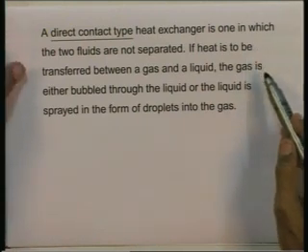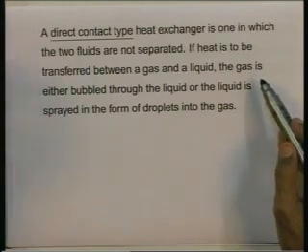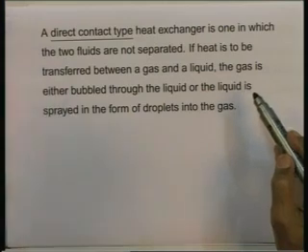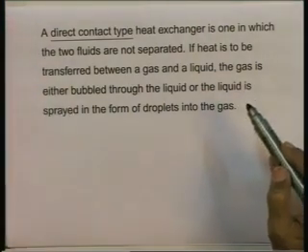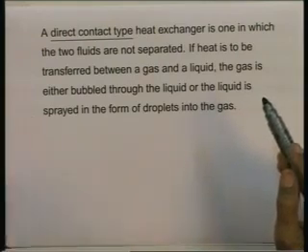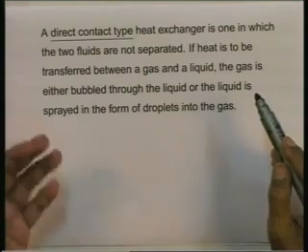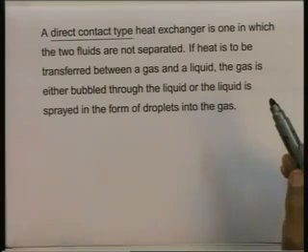If heat is to be transferred between a gas and a liquid, the gas is bubbled through the liquid, or the liquid is sprayed in the form of droplets into the gas, and once it is sprayed in the form of droplets, heat gets transferred between the hot fluid and the cold fluid, or the gas is bubbled through the liquid, in which case also heat gets transferred between the hot fluid and the cold fluid.